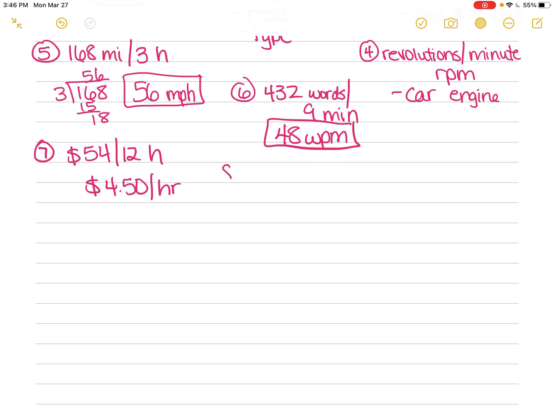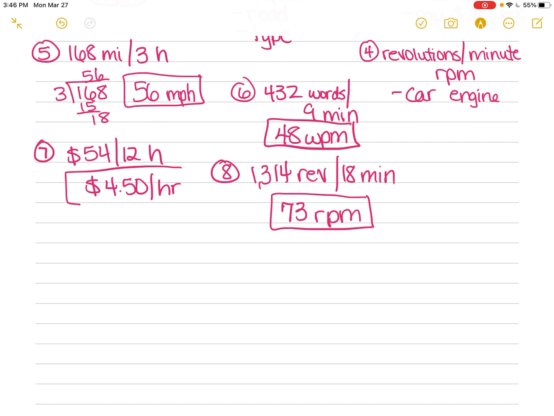Okay, and then number 8 says 1,314 revolutions in 18 minutes. So you take 1,314 divided by 18, and that gives you 73 revolutions per minute, which is RPM. Okay, and on all of these, you need to have those words with it, not just a number.